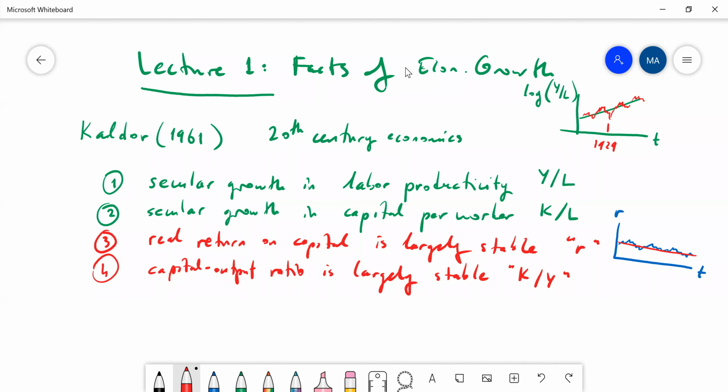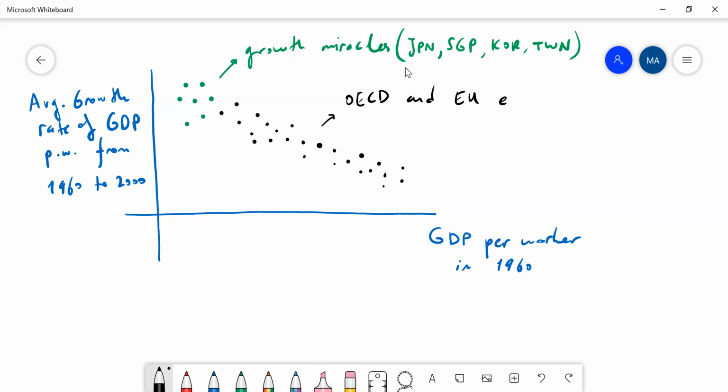So some rich economies grow at slower rates. Some poorer economies grow at relatively higher rates. These economies would be, let's say, OECD and EU economies. And some Latin America, some Asian economies, etc. And the rest is located here.